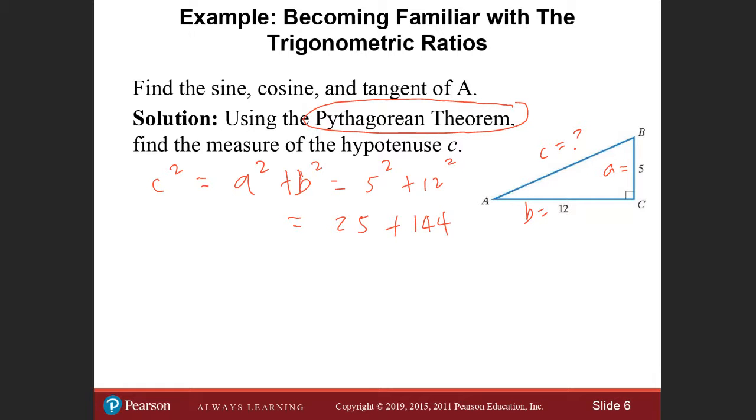To take out the power 2 here, we have to take the square root on both sides. So C is the square root of 169. 25 plus 144 is 169. So C would be equal to 13.